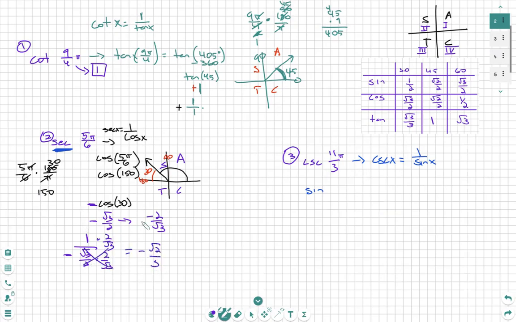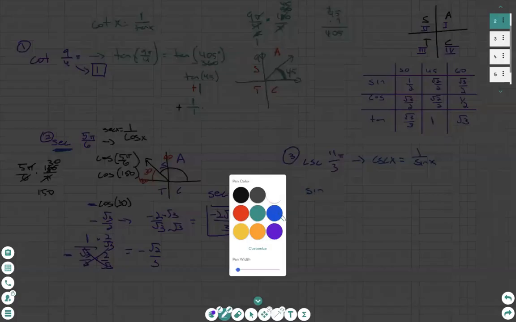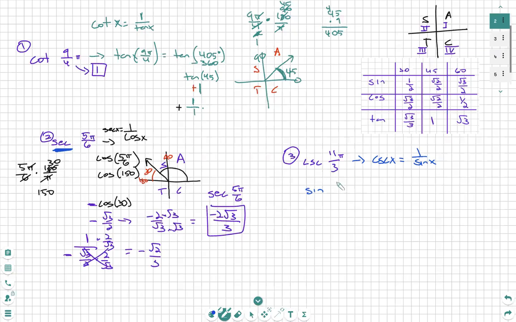So you can just flip it and then rationalize your denominator by making sure there's no square roots. And there is our answer for the secant of 5π/6. I almost forgot that. So now, when we move on to this one, let's not forget that.